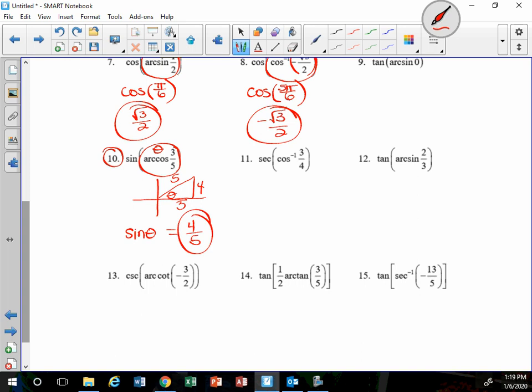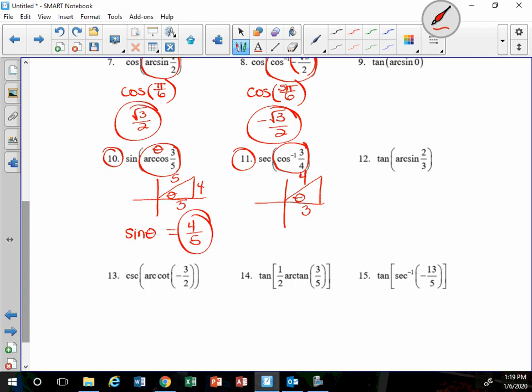Let's do 11. It's the same idea. So I start on the inside, inverse cosine of 3/4. Where am I drawing that triangle? Nope. Cosine, my only choice is first or second. It's positive, so first again. So I know adjacent is 3, hypotenuse is 4.